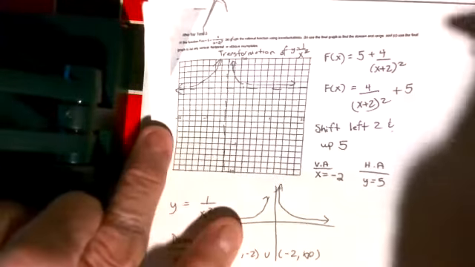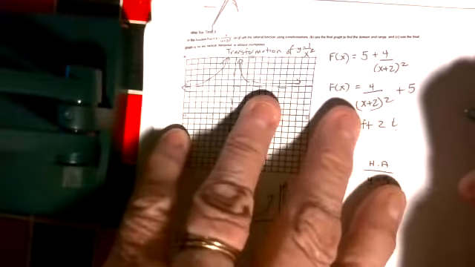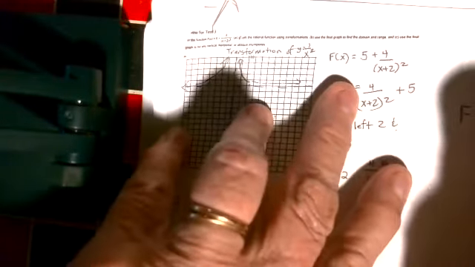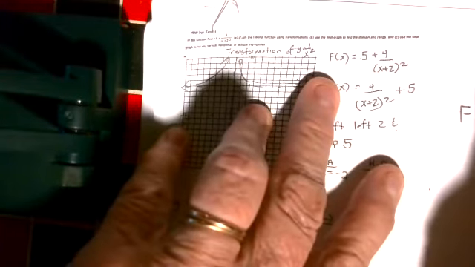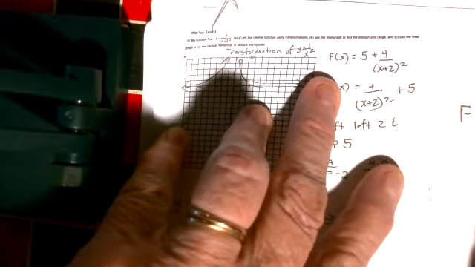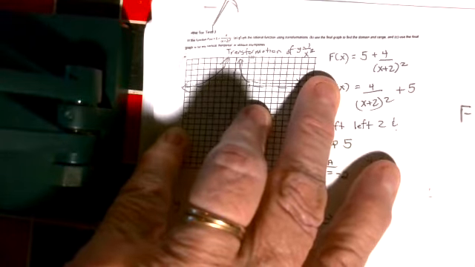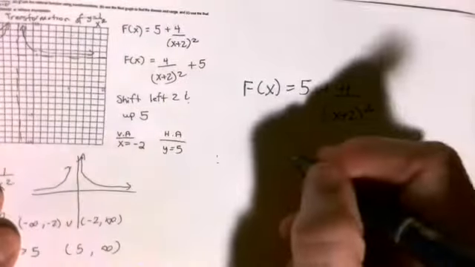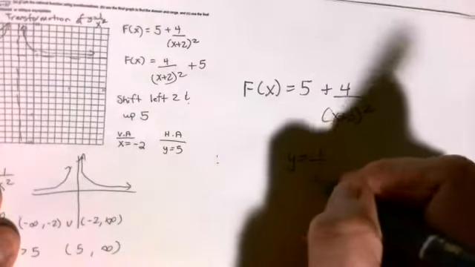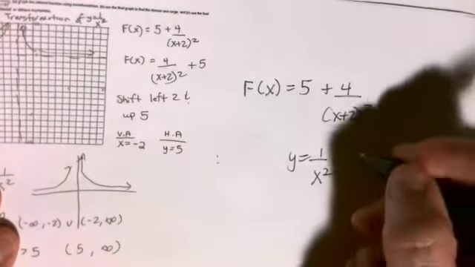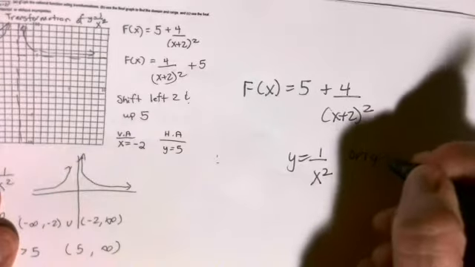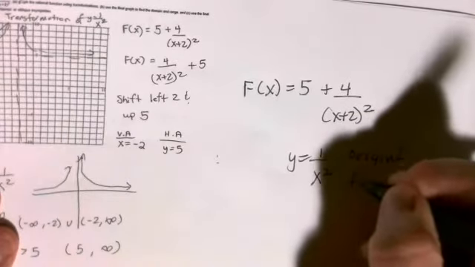Okay, so what this function is, it's f of x equals 5 plus 4 over x plus 2 squared. So the function that is being transformed is y equal 1 over x squared. That's what we call the original function or the parent function.